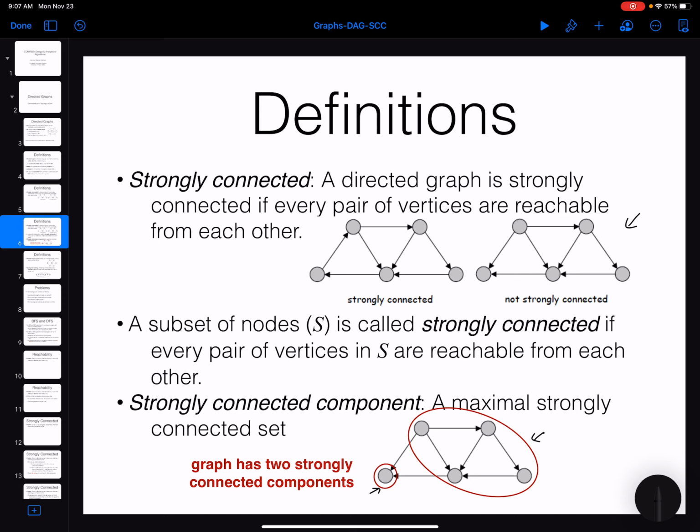In some cases, we will see problems that are looking for a strongly connected component in a graph, and there are many applications for them.